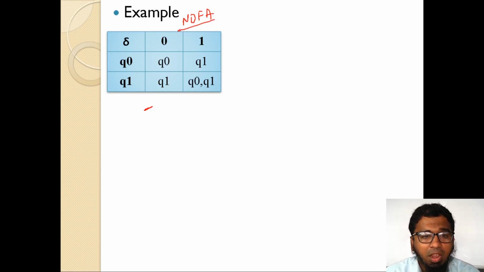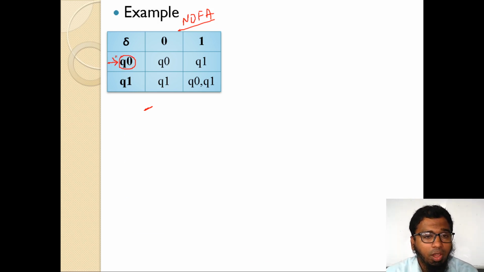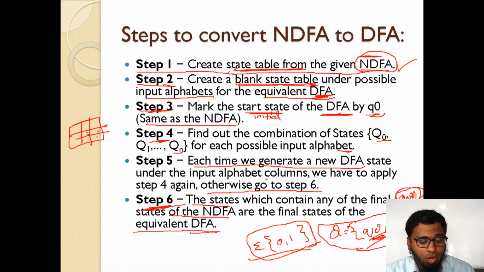Sorry, I did not mark the initial state here. This is the initial state and this is the only final state. Fine. So here first step is create state table for the given NDFA.